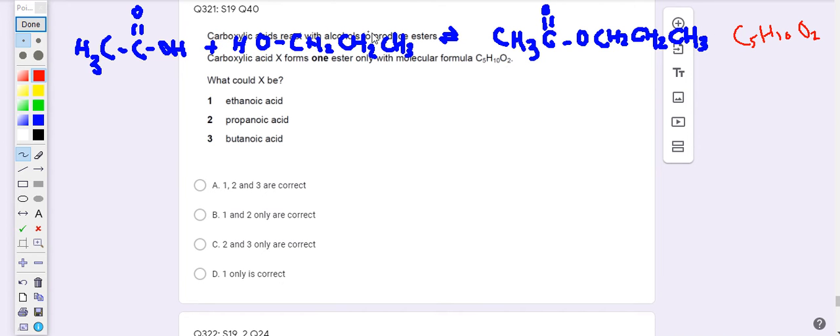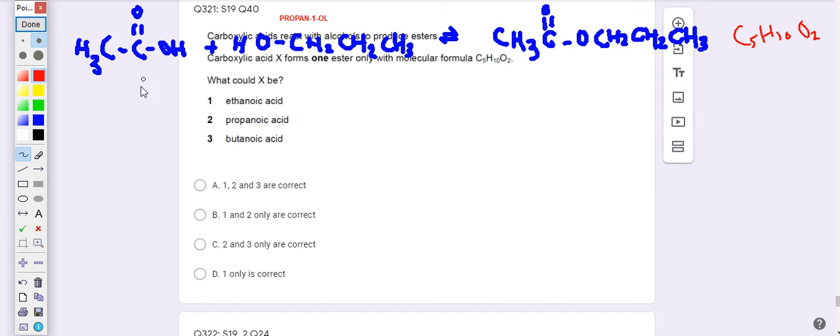Why? Because propan-1-ol can have other isomers. This is propan-1-ol. Okay, I can use propan-2-ol, a 3 carbon alcohol also, right? Okay, what if I use propan-2-ol? Let me write the equation again.